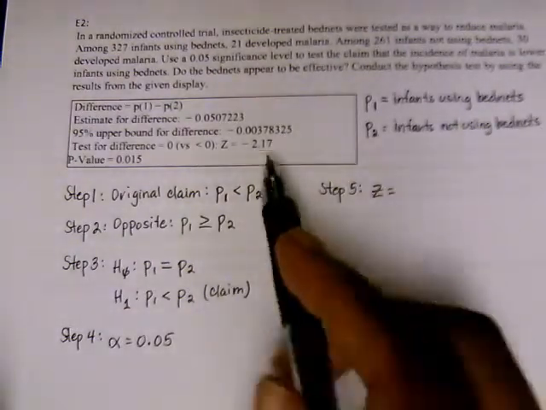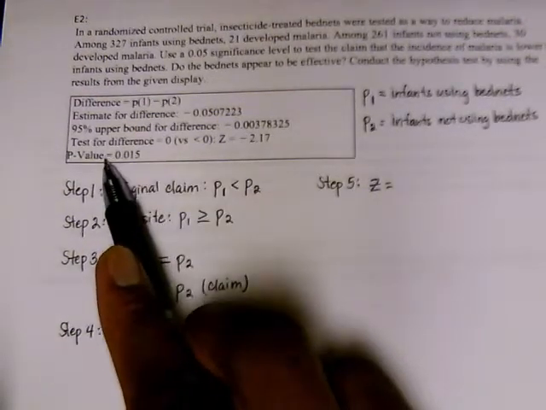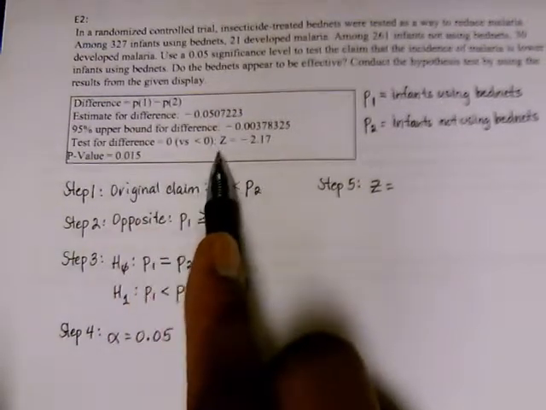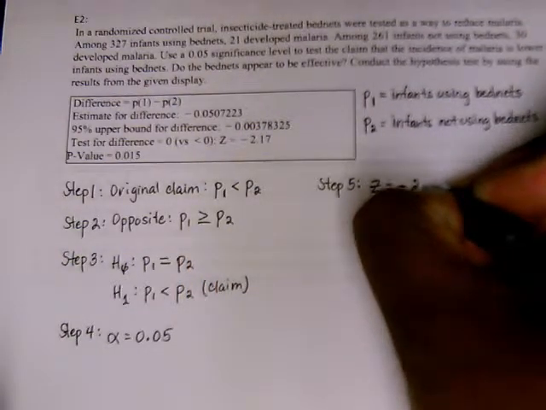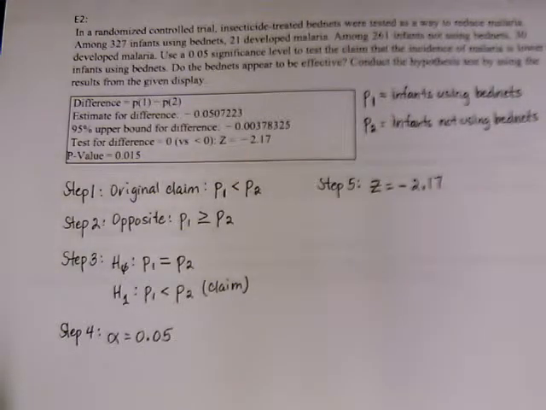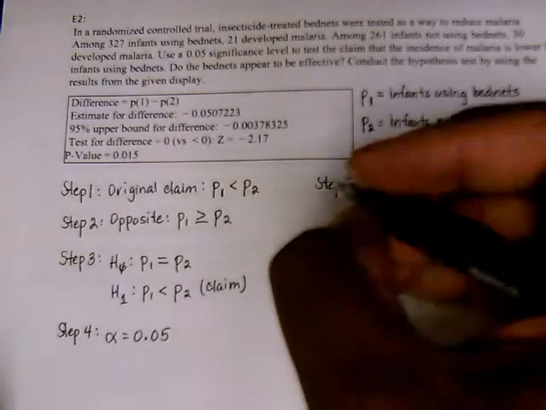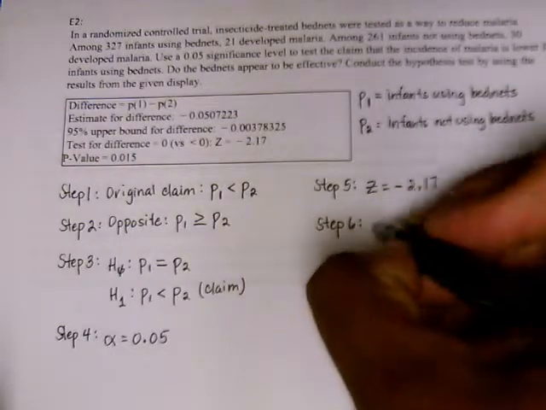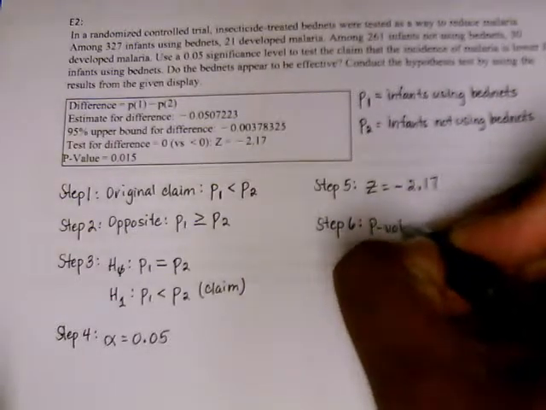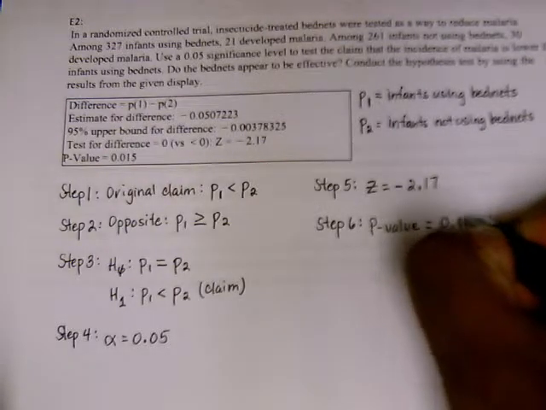And that's already given to you in the problem here. The test for the difference, z is equal to negative 2.17. That's your test statistic there. So negative 2.17 is your test statistic. And now step number 6 is the p-value. So they give you the p-value in this particular output. That's going to be 0.015.